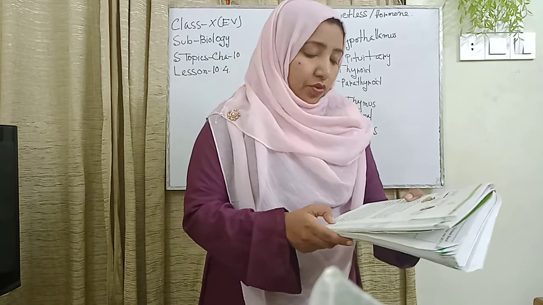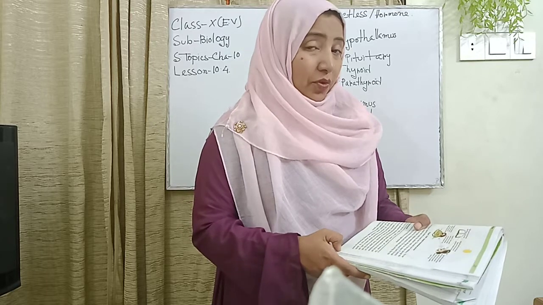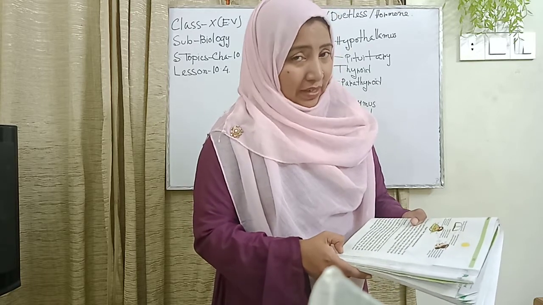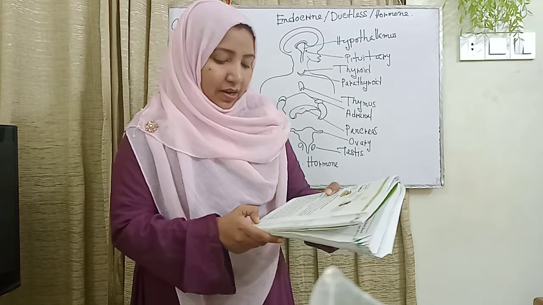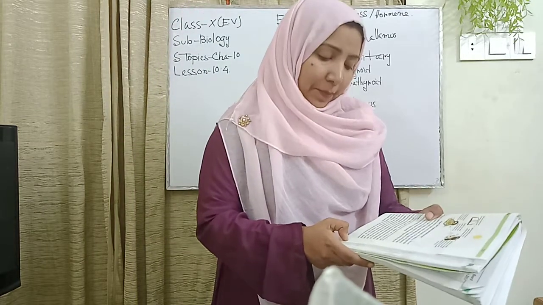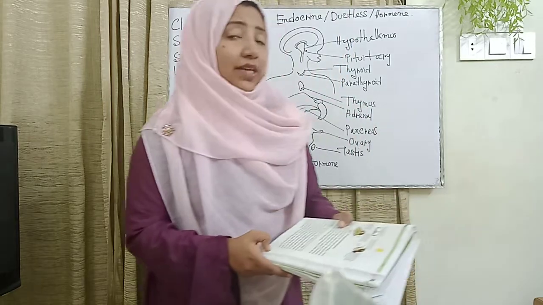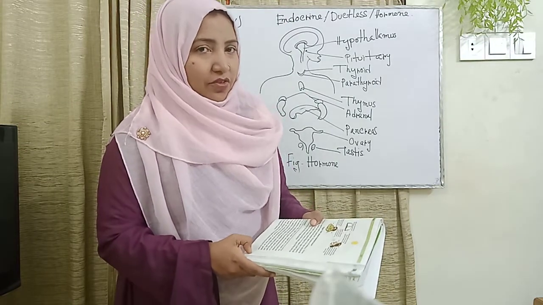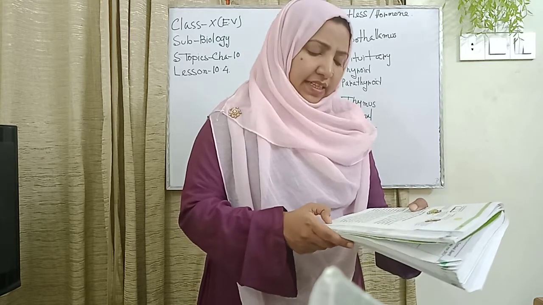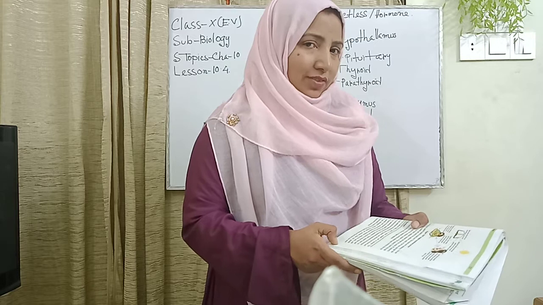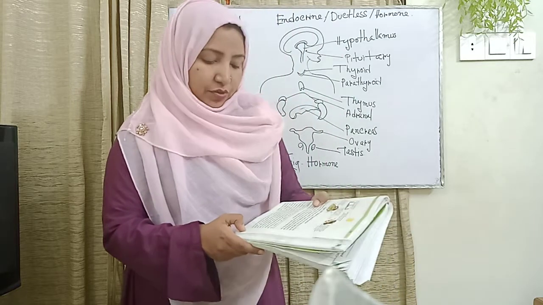These glands have no separate ducts to transport hormones. Hormones are carried by blood flow and reach specific cells, influence the biochemical functions within the cells and regulate the biological process.